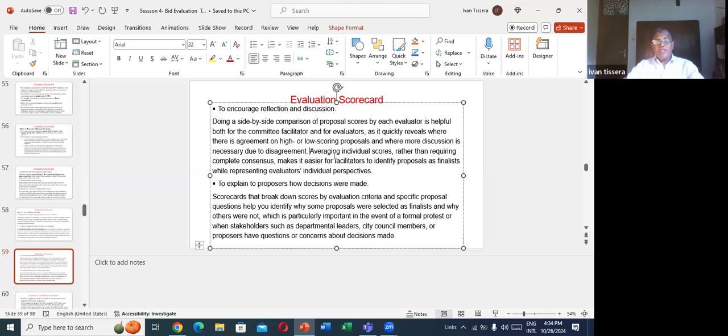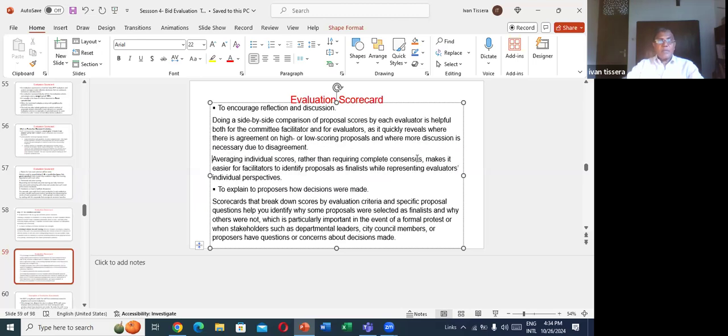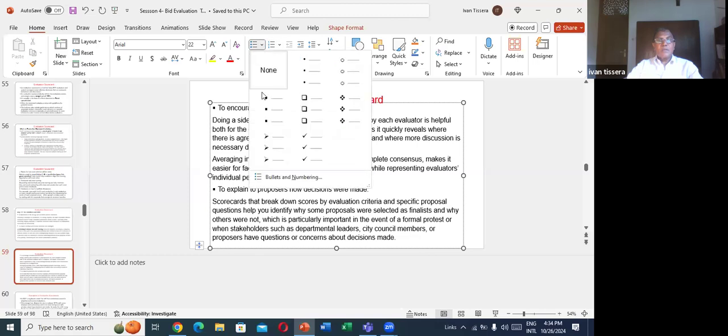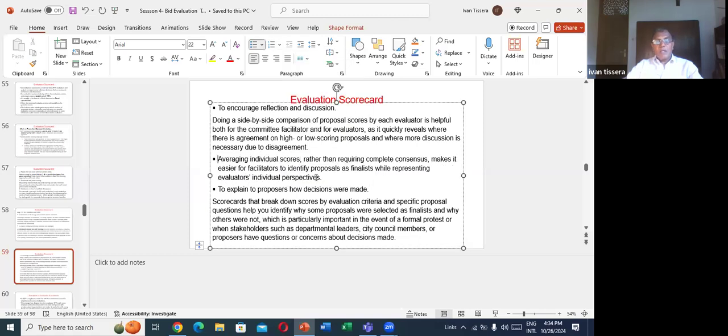So averaging individual scores rather than requiring complete consensus makes it easier for the facilitator to identify a proposal as a finalist while respecting each evaluator's individual perspective. So the final thing is we can average, right? It is easier.